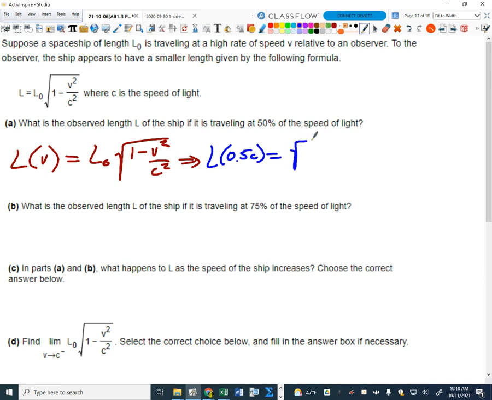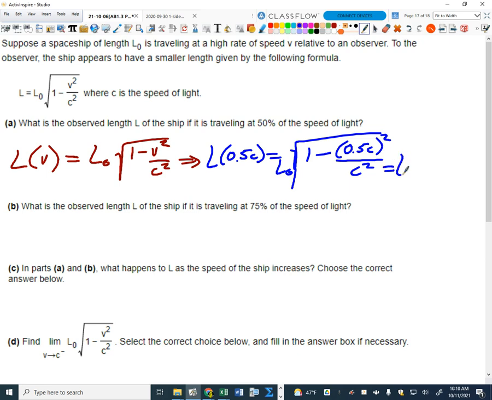So if I evaluate this at 0.5c, half the speed of light, what do I get? L naught times the square root of 1 minus (0.5c) squared divided by c squared, right? Well, the quantity (0.5c) squared is just 0.25 times c squared, agree? Everybody buy that?